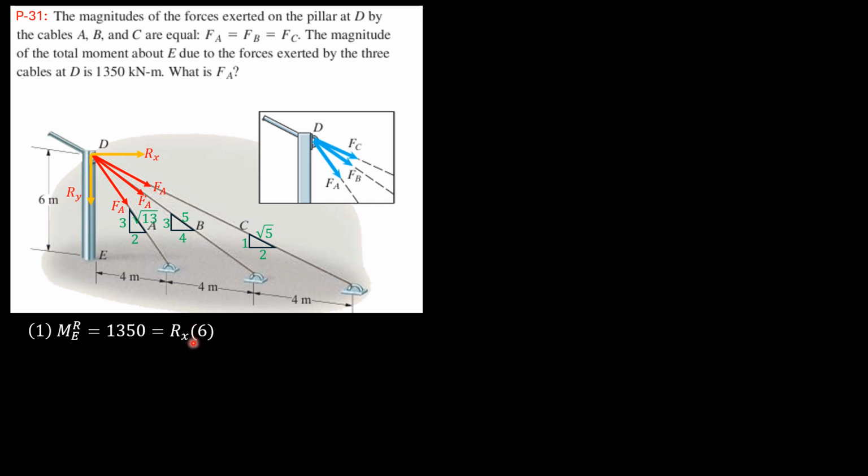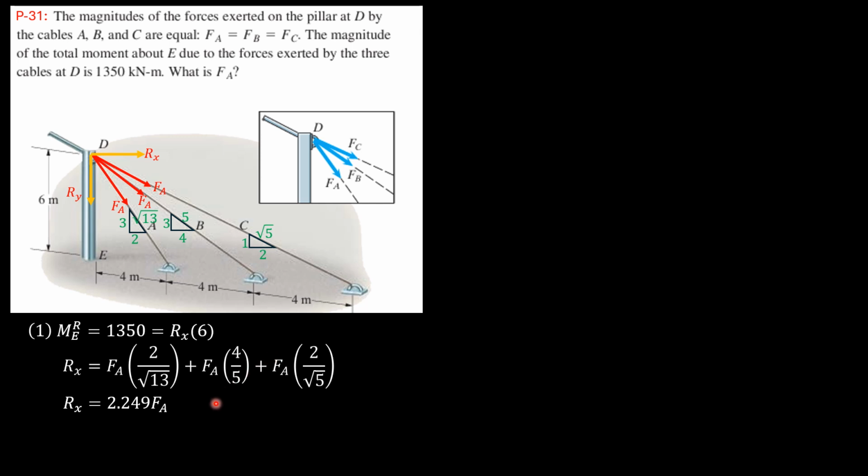To solve for Rx, this is the x component of this tension force plus the x component of that tension force plus the x component of that tension force. That is Rx equals 2 over square root of 13 FA plus 4 over 5 FA plus 2 over square root of 5 FA. Combining, Rx equals 2.249 FA. Then substitute above.